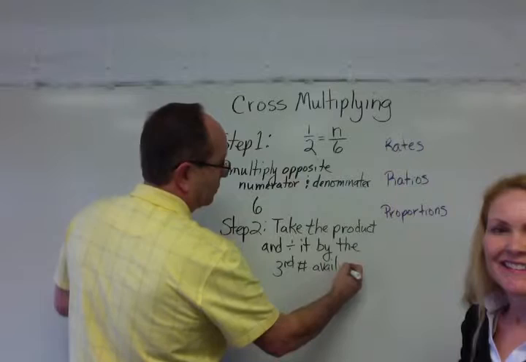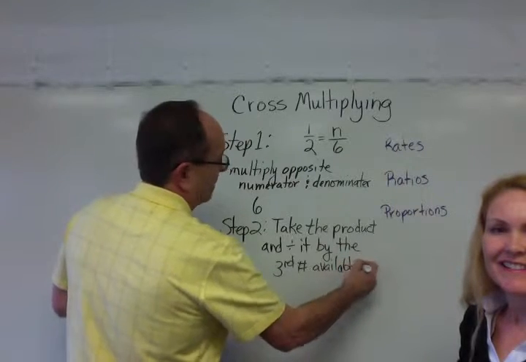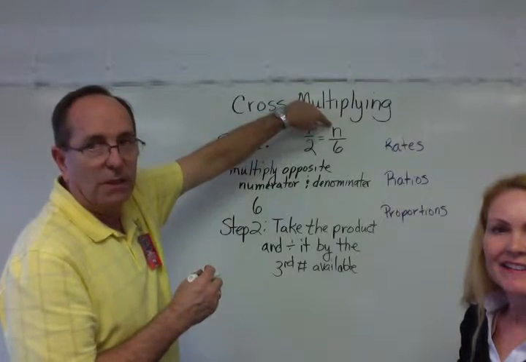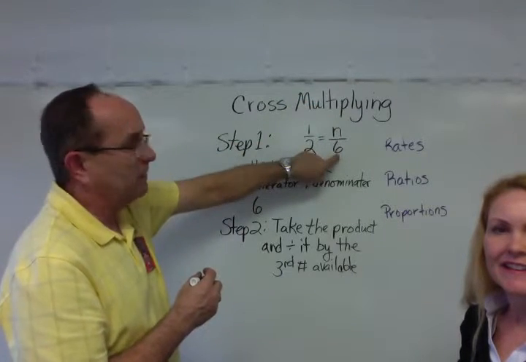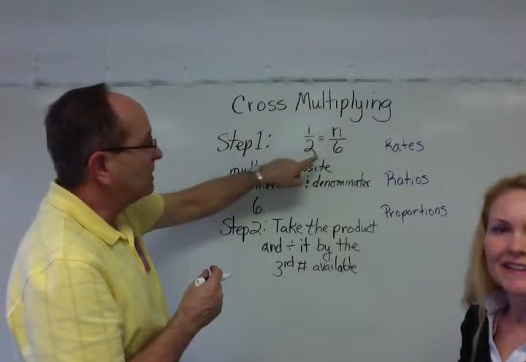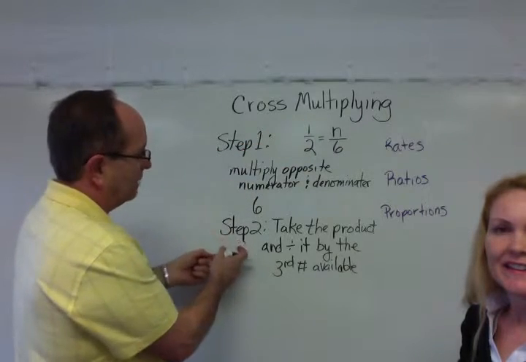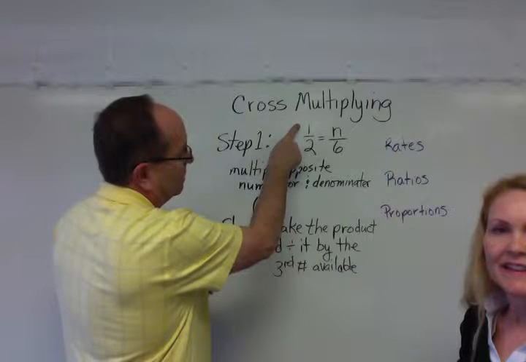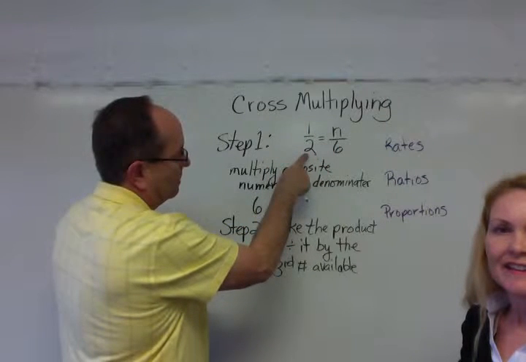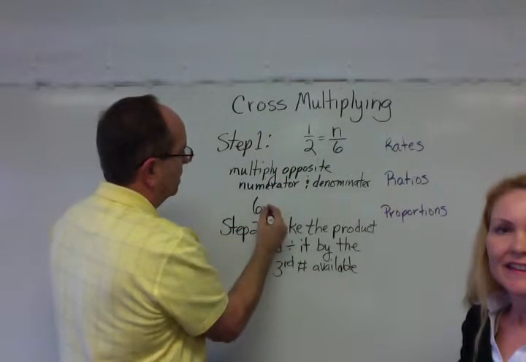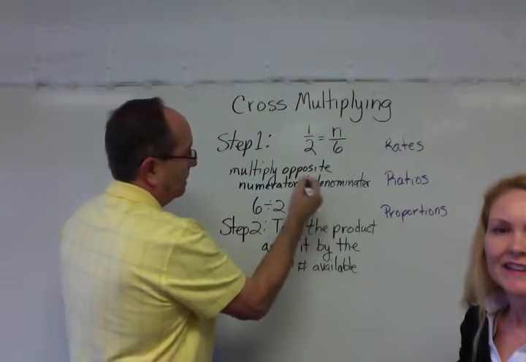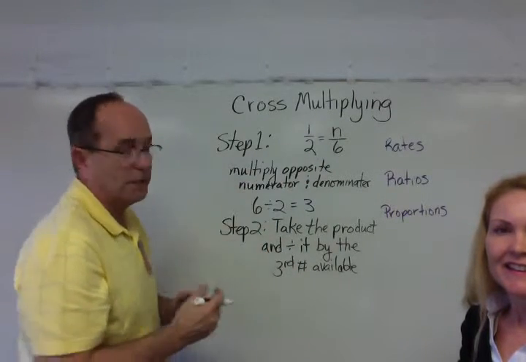And why I don't say by the numerator or denominator, this variable does not have to be in just that position. It could be down here as the denominator, which makes things different here on these steps. So if that third number that's available, I've already used 1 and 6, now I want to use the 2. It's the third number available, so I am going to say 6 divided by 2 then becomes the answer of 3 that we said earlier.